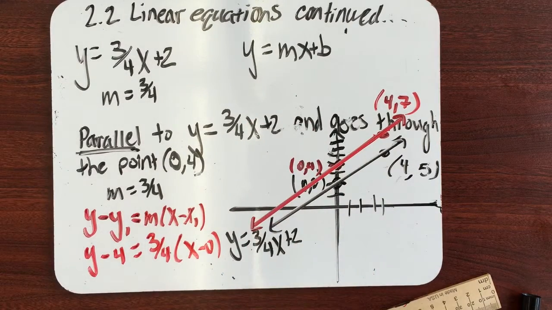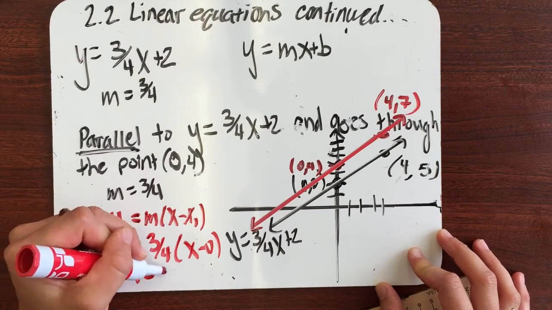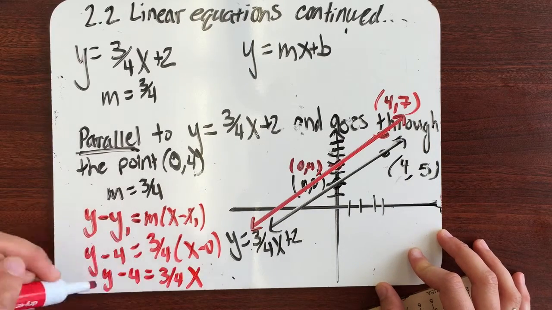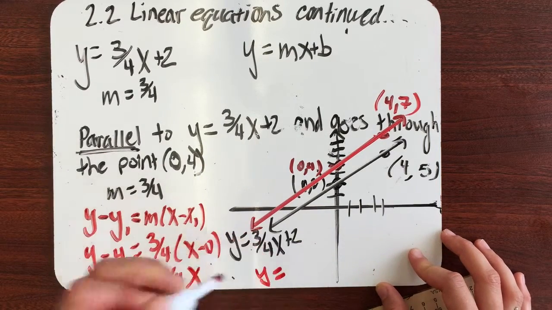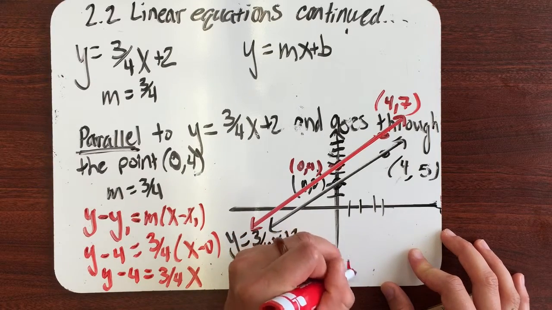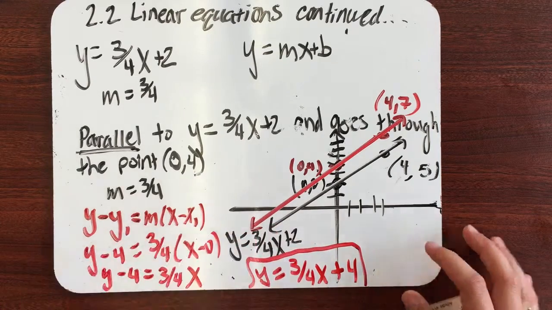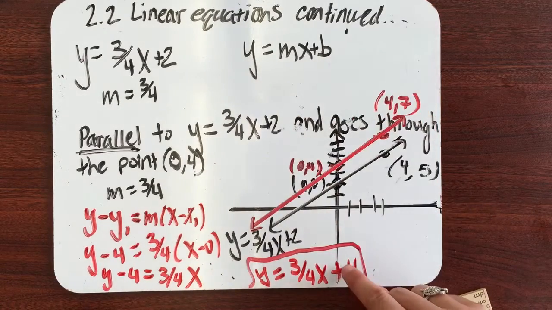X minus 0 is just an x, so we have y minus 4 equals 3/4 x. We can add our 4 over, and we get our line of y equals 3/4 x plus 4. Which, if we plugged in 4 as your b and 3/4 as your slope, you'll get the same thing. So that's parallel lines.